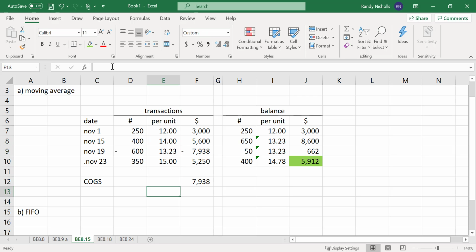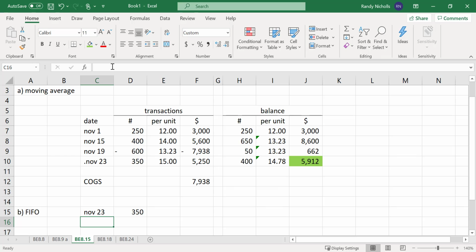But FIFO, usually you can shortcut the math. So what's my November 30th inventory? Well, I know I have 400 units left. What 400 units are in inventory? Well, it's the 350 I bought November 23rd. That's the most recent, so that's all there.